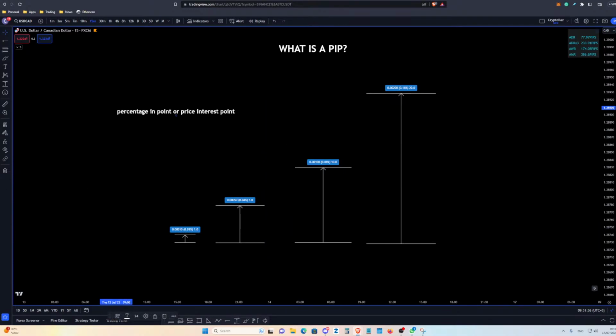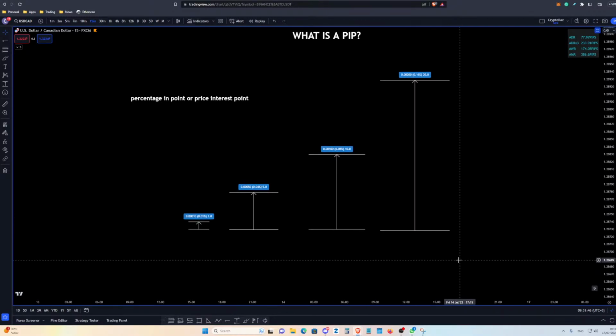A pip is the smallest whole unit price move that an exchange rate can make based on Forex market convention. Most currency pairs are priced out to four decimal places and a single pip is in the last decimal place. A pip is thus equivalent to one one-hundredth of 1%, or 1 basis point.